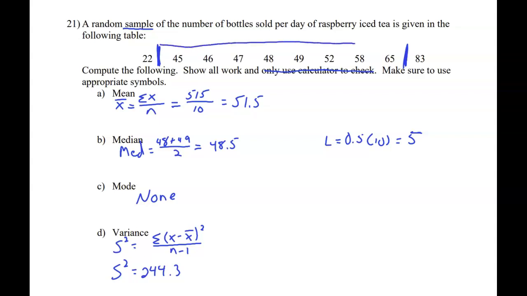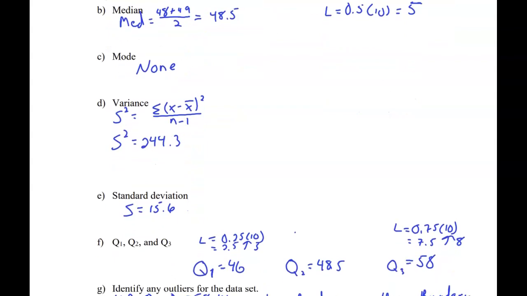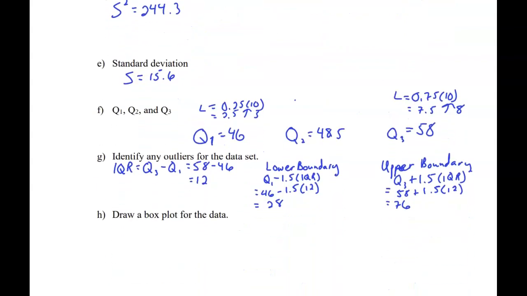And if you think about this, everything in here is within those boundaries. All of these numbers are within those boundaries. Everything on the outside is considered an outlier. So for this data set, we actually have two outliers, 22 and 83. They are both considered outliers. So we do have outliers of 22 and 83.